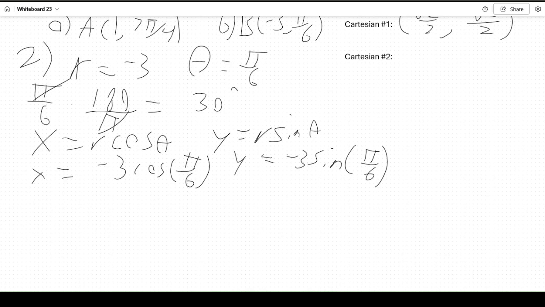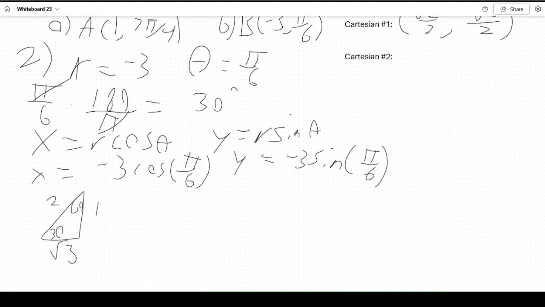And now we gotta do simple math, so we can use this triangle. I like to do this. Pi over 6 is going to be 30, 60, 90. So 30 is 1, 60 is square root of 3, and the hypotenuse is 2.